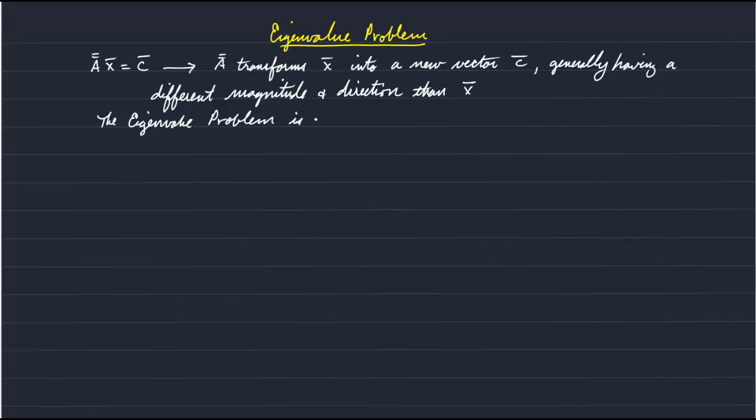is a special case of Ax equals c, and the statement of the problem is Ax equals lambda x. And here lambda is a scalar.